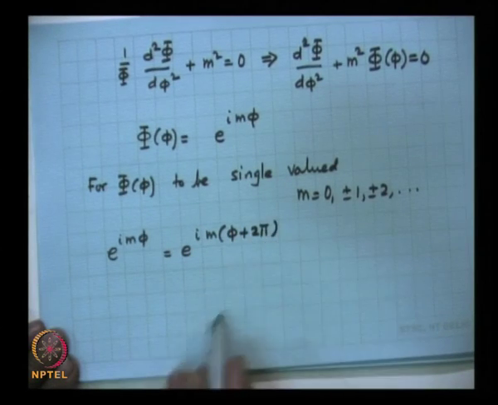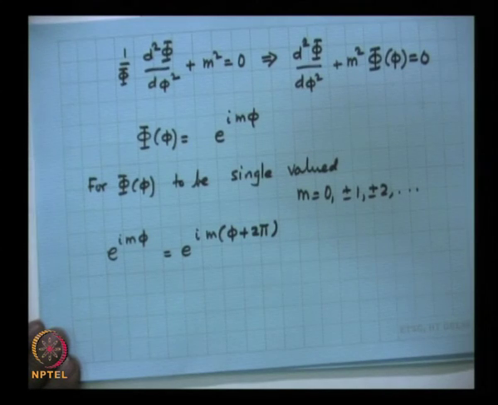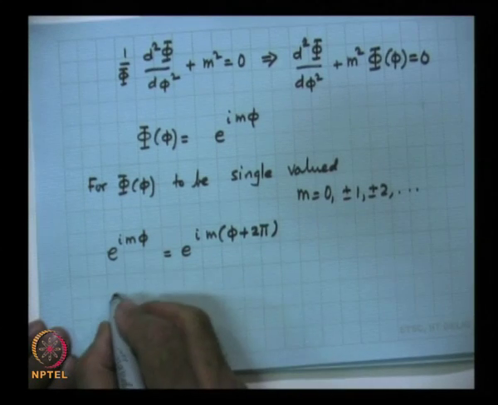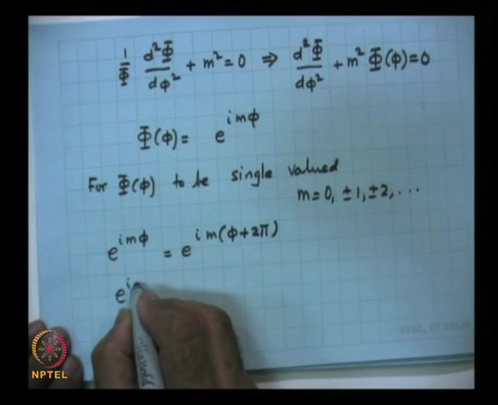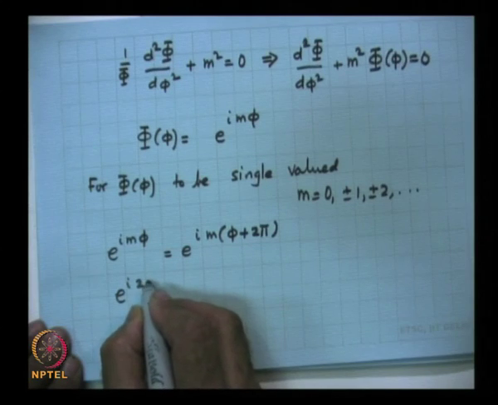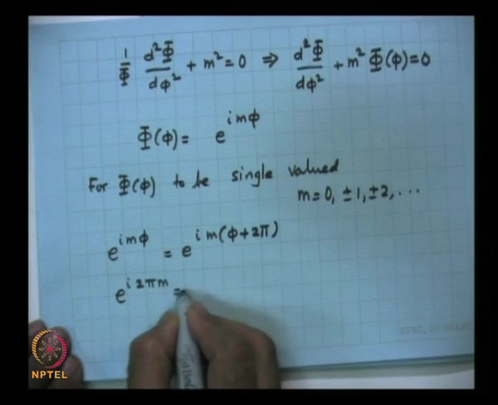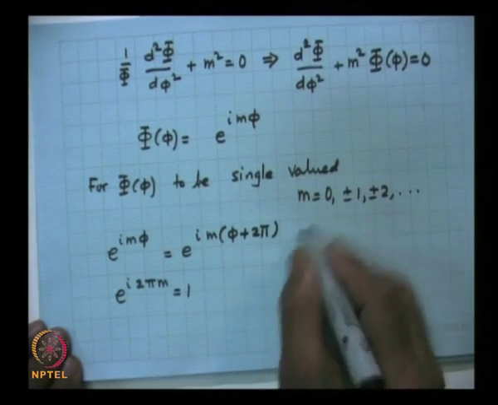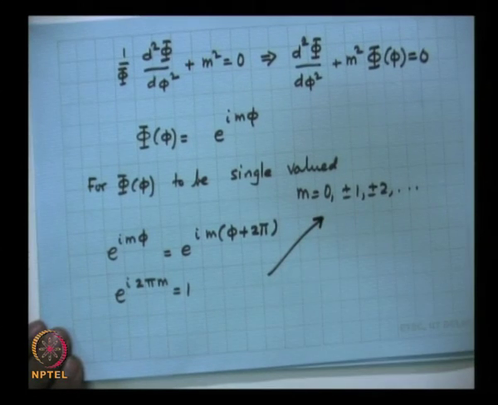As I increase phi by 2 pi, I must get the same value of the function, otherwise the wave function will be multiple valued. So, you will have e to the power of i 2 pi m must be equal to 1, and therefore, m must be equal to 0 plus minus 1 plus minus 2 etc.